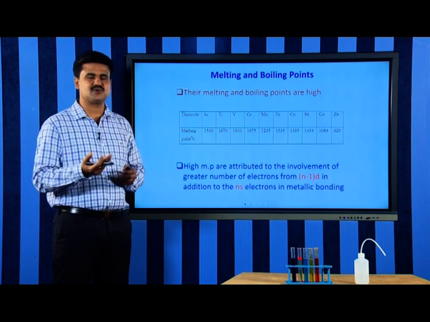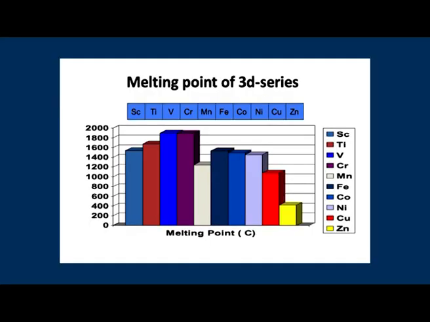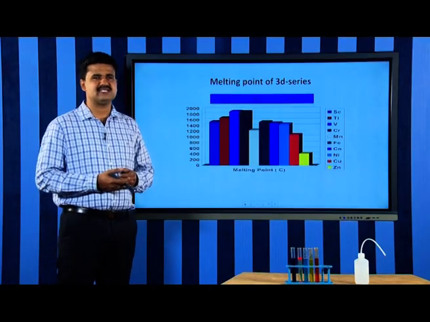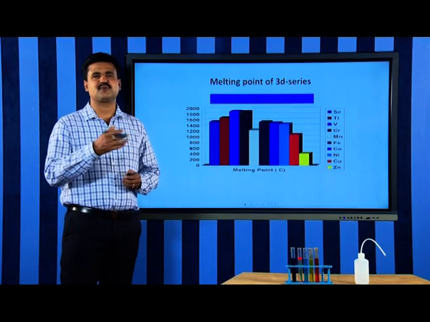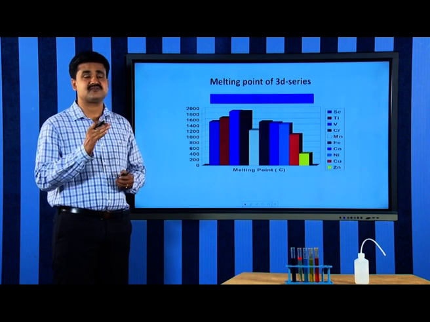Boiling point also shows a correspondingly high value. This is a graphical representation of the melting point. From the graph, it is clear that high melting point is associated with vanadium and chromium. For zinc, the value is comparatively very low. Zinc, due to its d10 arrangement, has properties entirely different from those of other transition metals of the same series.